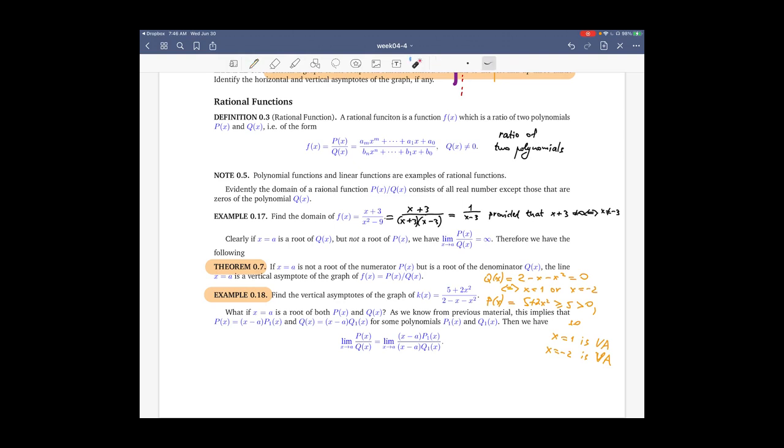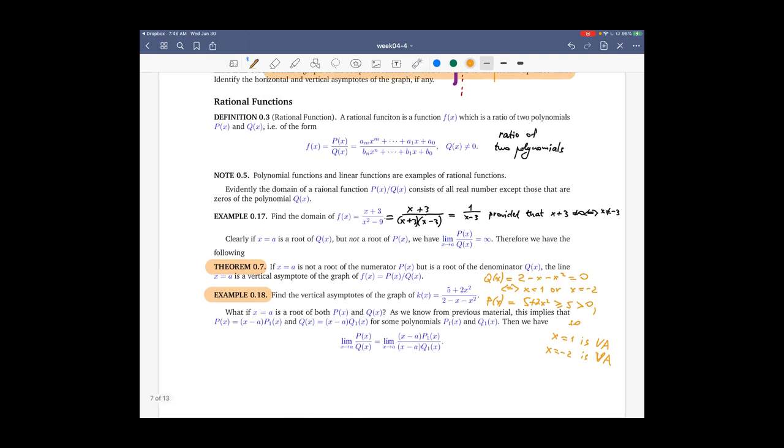But now here is a more interesting situation. What happens if x equals a is a root of both the numerator and the denominator? We know that by the factor theorem, that implies that x minus a is a factor of both p and q.